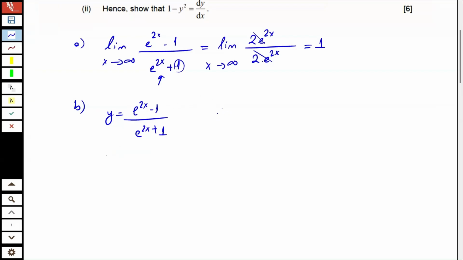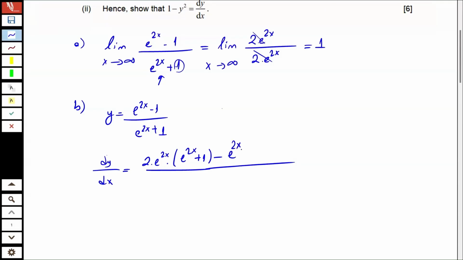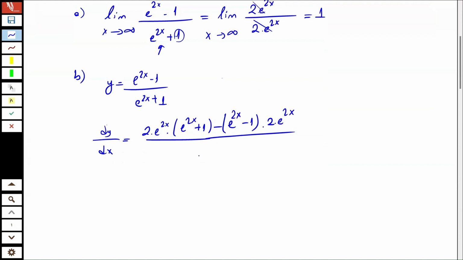I'm first finding the derivative of the numerator, which is 2 times a to the power of 2x, times the denominator, a to the 2x plus 1, minus the numerator, a to the power of 2x minus 1, times the derivative of the denominator, which is 2 times a to the power of 2x, and the square of the denominator.